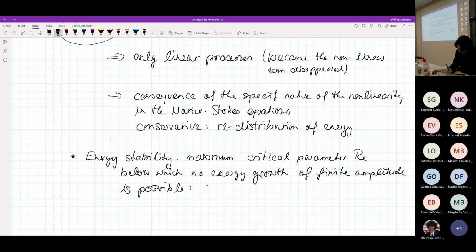And this is what we call this Rho G that we talked about before. So this Rho G is related to energy stability. So whatever we do, the energy is not allowed to grow if we're below Rho G.